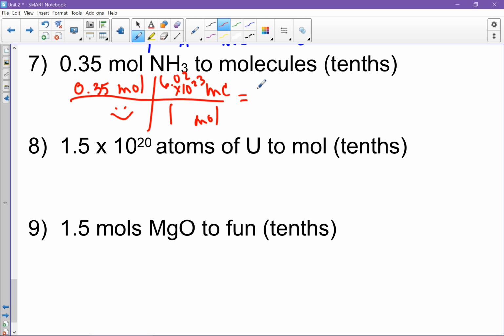Okay? Calculator's going to say 2.107 times 10 to the 23rd. If I round that to the 10th place, that's here, but the 0 means I can leave it. I'm not going to round up. And I was looking for molecules. Do not write mole. That is not the same thing as molecules.